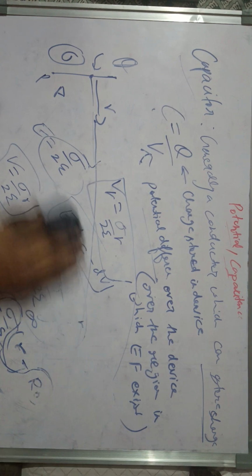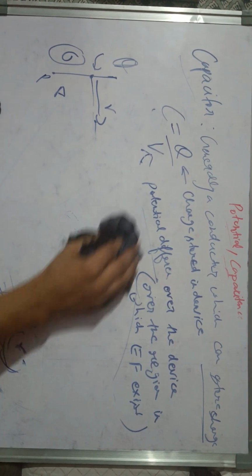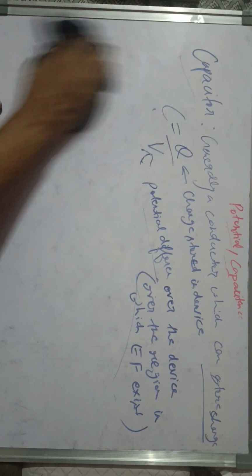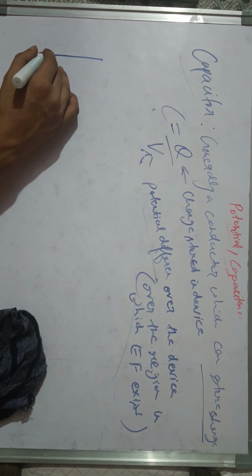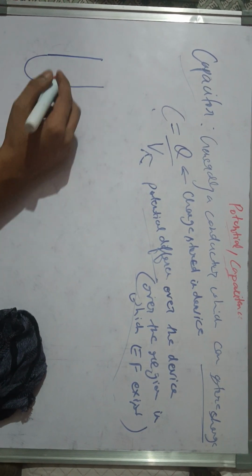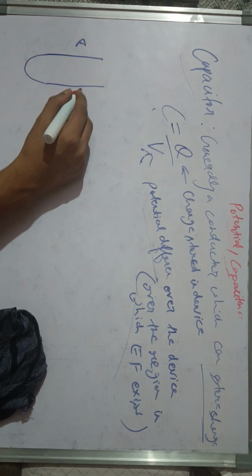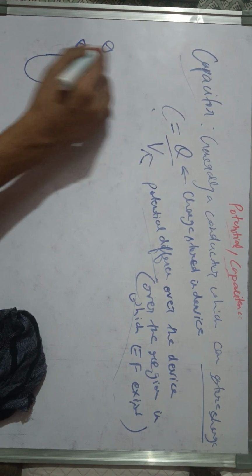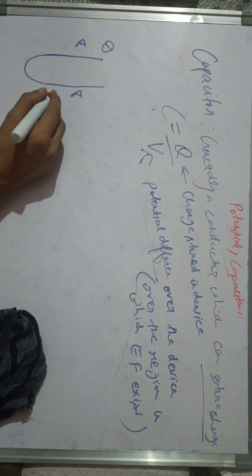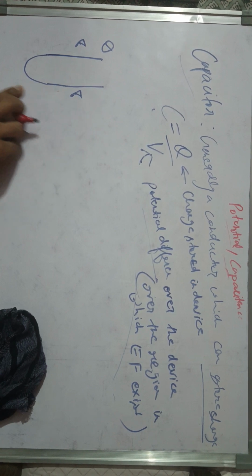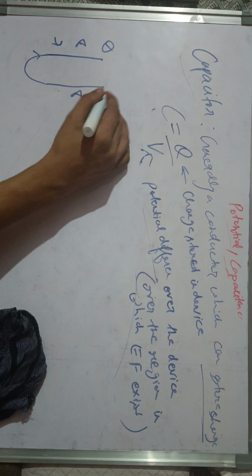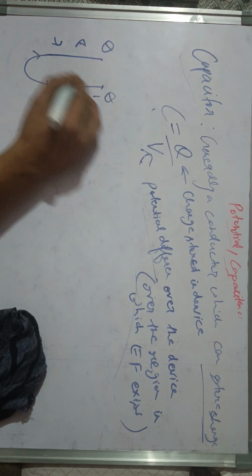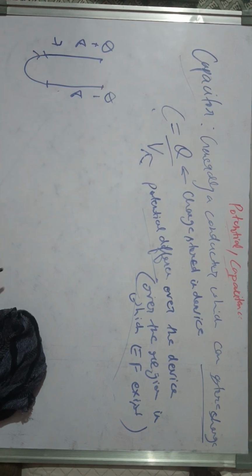In case of a parallel plate capacitor, let's say this capacitor is of area A, and if I take some q charge from this side and put it to this side, this will get some negative q charge and this will get some positive q charge.